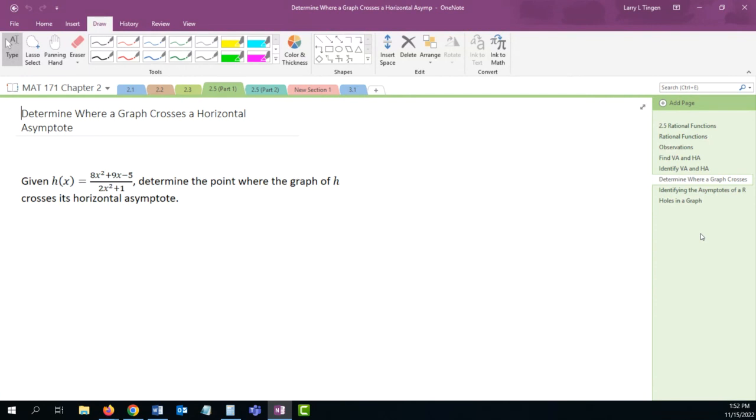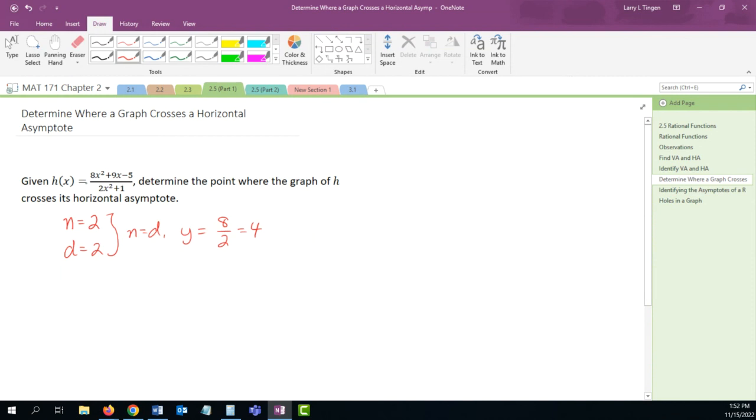So first thing I have to do is find horizontal asymptotes. Are there some? For h of x, I'm looking at a numerator that has degree 2 and a denominator that has degree 2. When n equals d, my horizontal asymptote is the ratio of the leading coefficients. Leading coefficients are 8 and 2. 8 divided by 2 is 4.